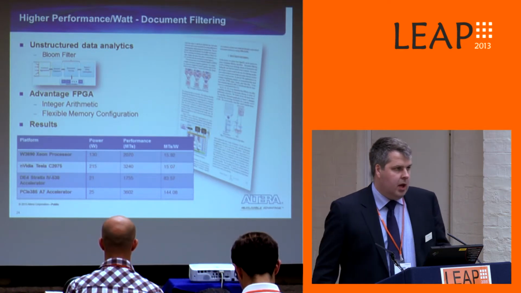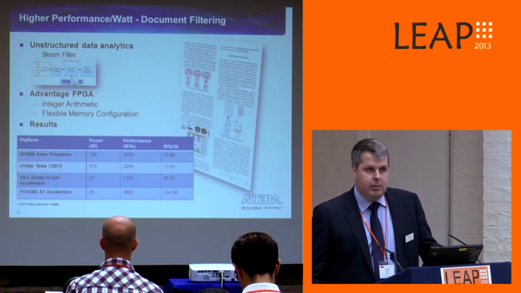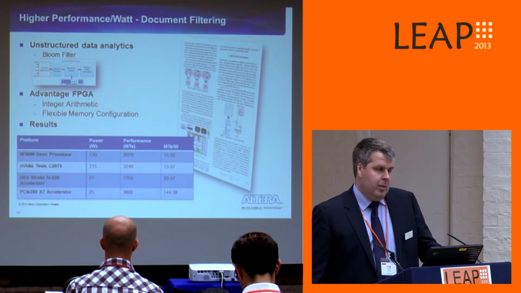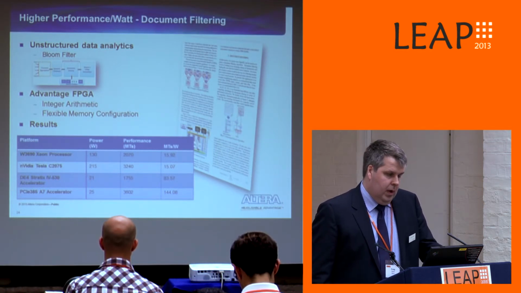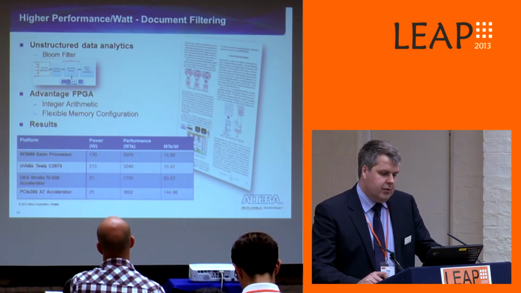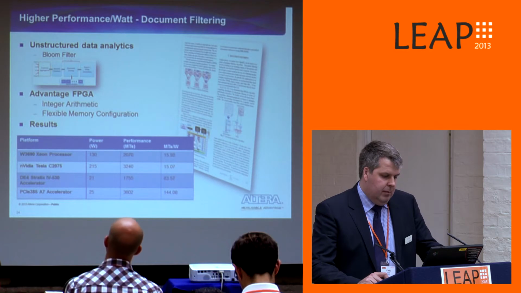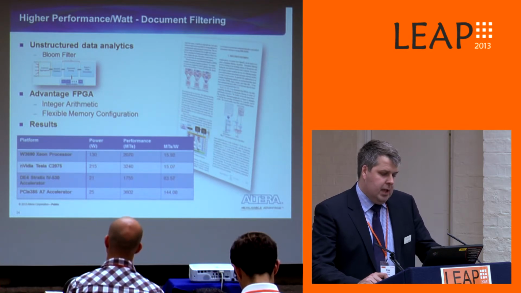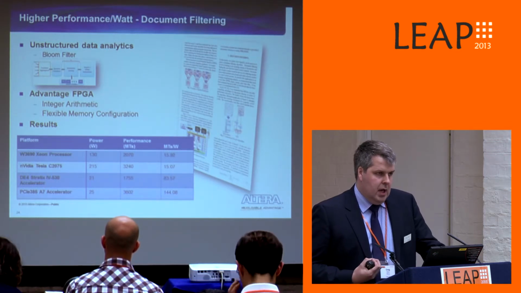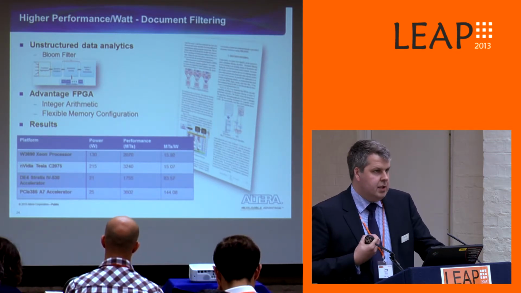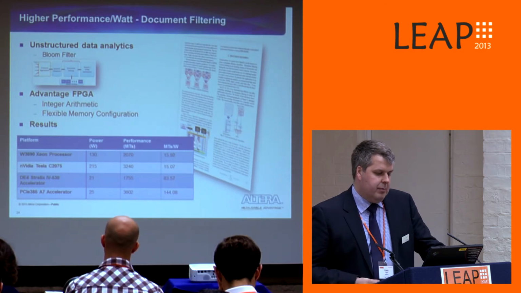Similar things here with document filtering. A Bloom filter that would be implemented by something like a newsletter scanning application or even a robot for Google, etc. Here you've got the benefits of integer arithmetic and flexible memory configuration that allowed us to build a very efficient structure inside the FPGA for sorting this documentation.